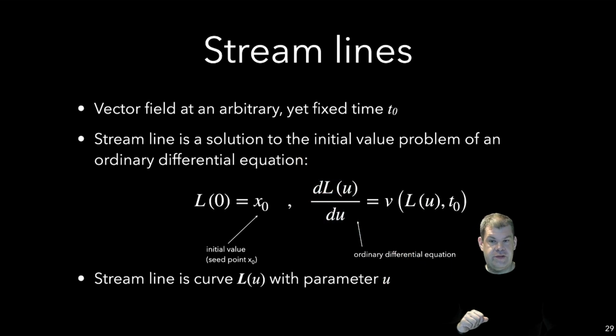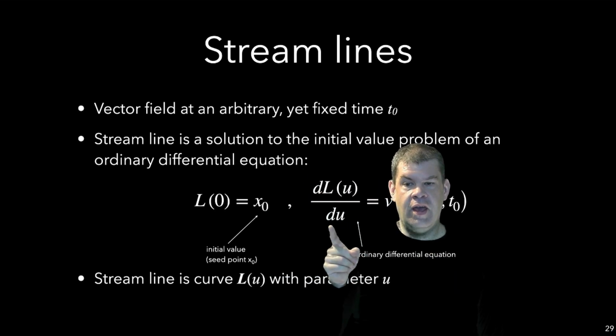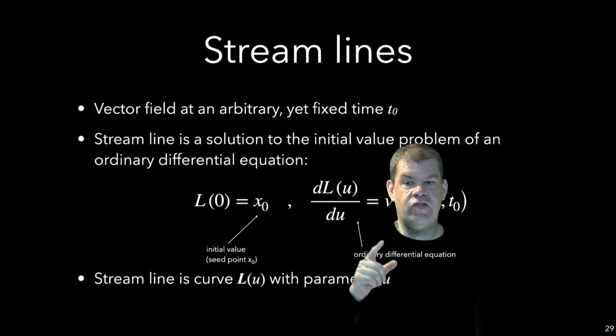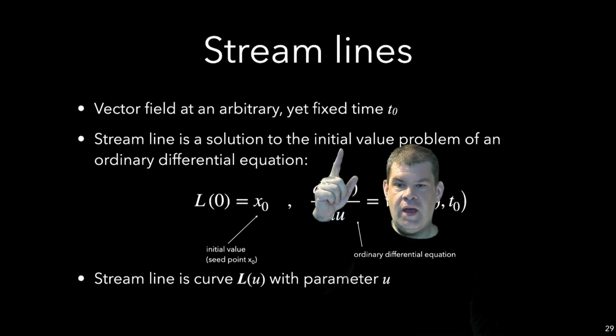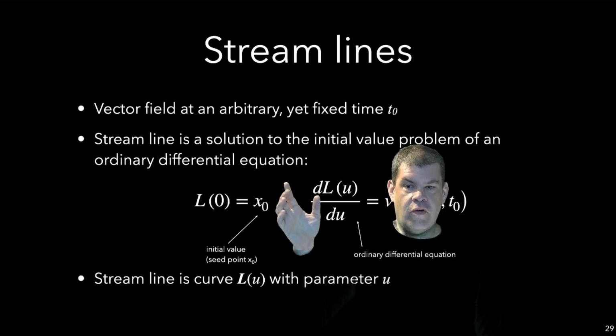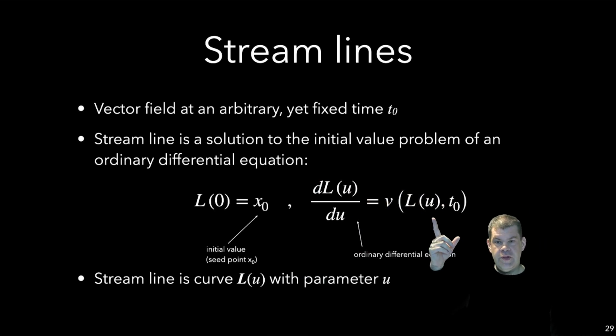So in other words, here's the mathematical formulation of that. We want the path to have the following relatively simple property. Besides starting at x0, we want the derivative, the change over u, where u is this parameter that starts at 0 and then counts up. The change along the line should be the vector field.